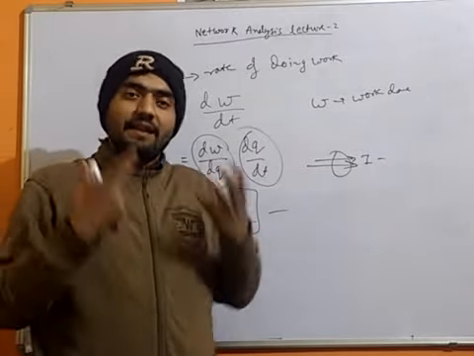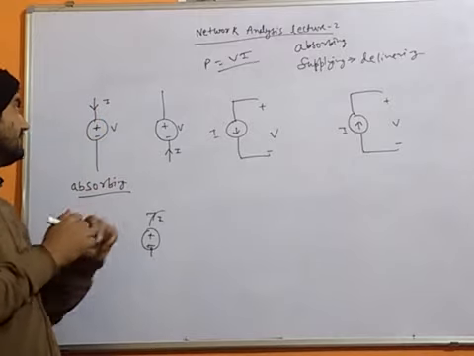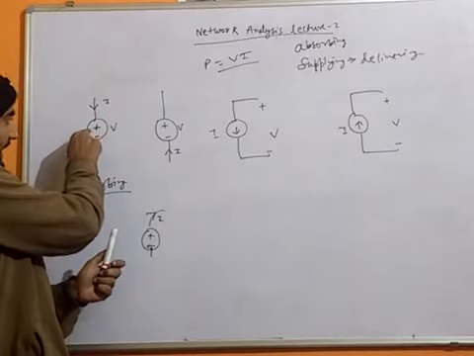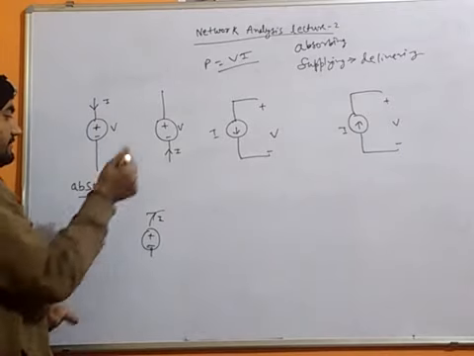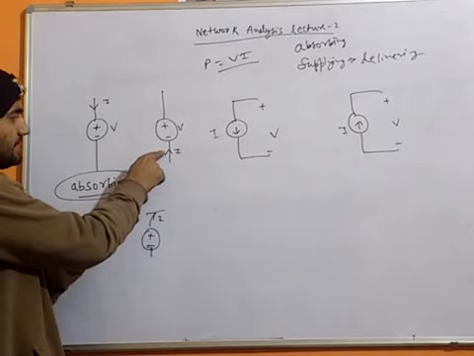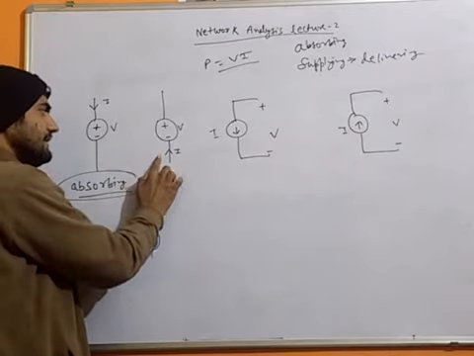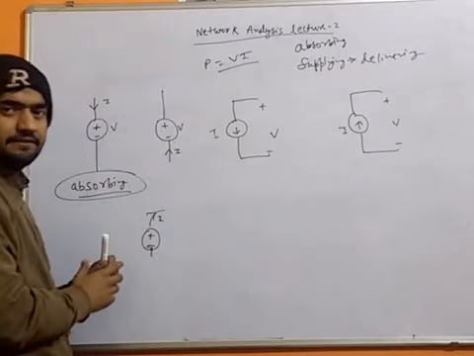Instead of a source, it will be a passive element. We will discuss later, but if at the positive point the current is entering, this will be called absorbing. Here, at the negative end current is entering, meaning from the positive side current is exiting.